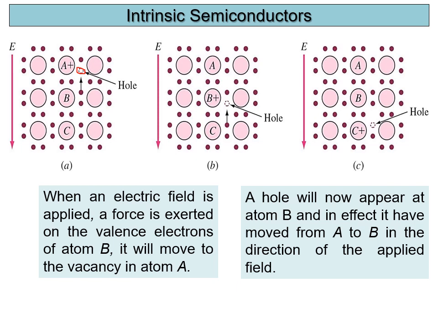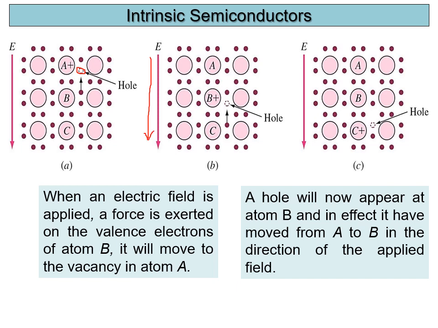And next, when we apply the electric field, the nearest electron will fill up the hole, and the process will continuously occur whenever the electric field is applied. So a hole will now appear at atom B, and in effect it has moved from A to B in the direction of the applied field. We can see in here the applied field is down below.